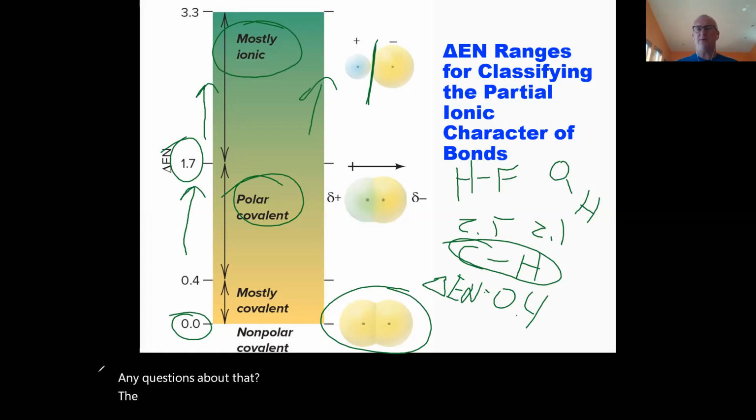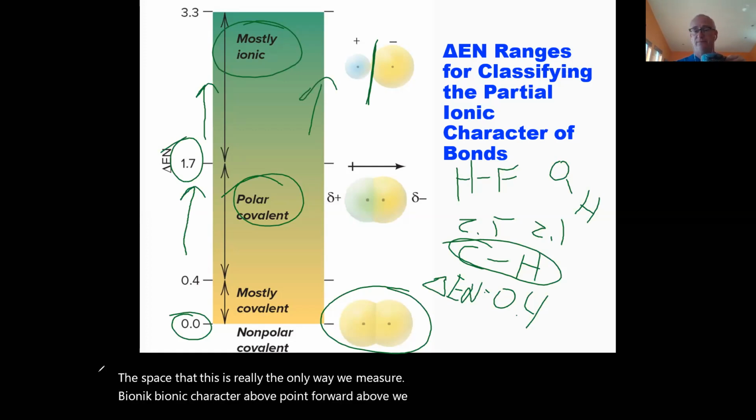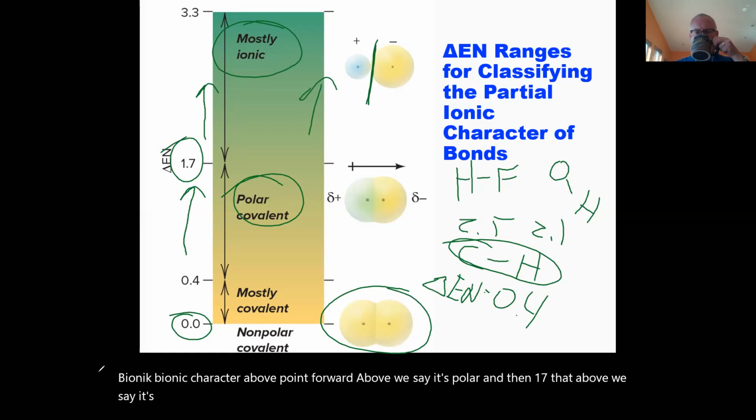This is really the only way we measure ionic character. At 0.4 and above, we say it's polar, and at 1.7 and above, we say it's ionic. But you can see it's the CH bond.